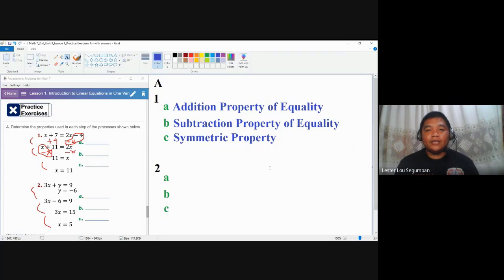Symmetric came from the term balance, because symmetry means if we divide a figure or a value on an axis of symmetry, what appears on one side is the same on the other side, or even the mirror image. That's what we call the symmetric property. Right? That's for number one.